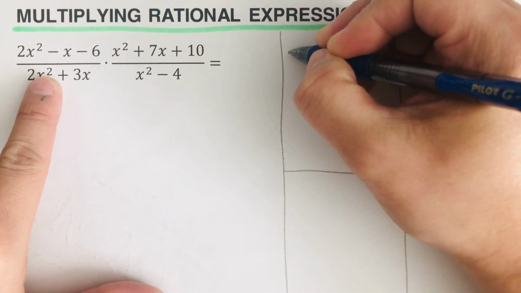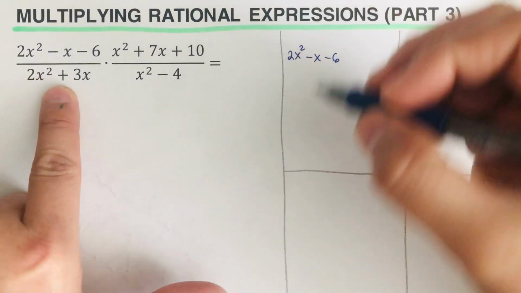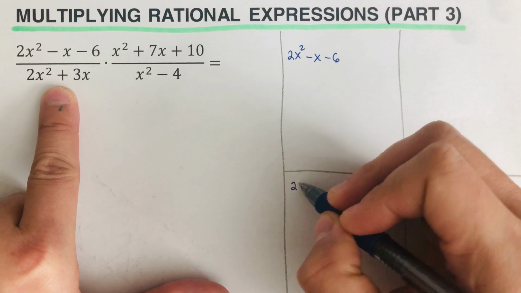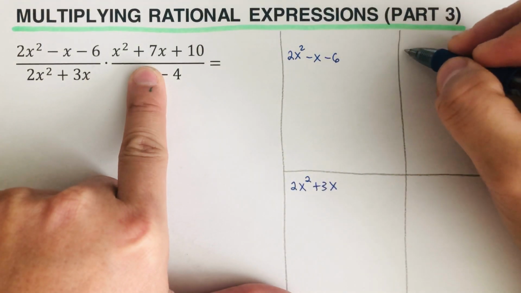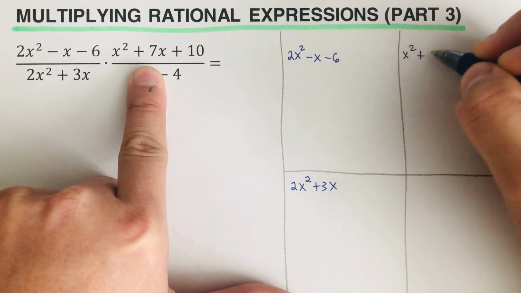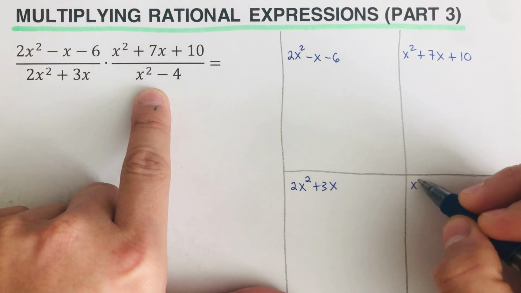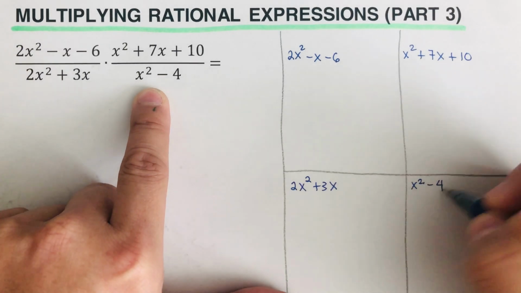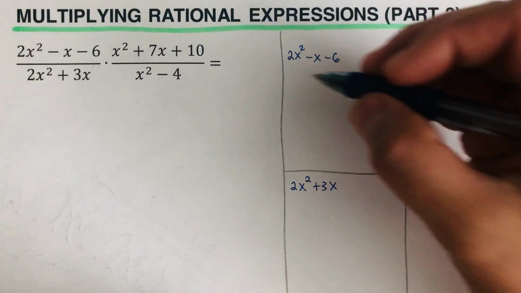So this spot is for 2x squared minus x minus 6. And this spot right here is for 2x squared plus 3x. And this spot right here would be for x squared plus 7x plus 10. And this one right here is x squared minus 4. So we're going to start with the first one. We're going to use box and diamond for this.